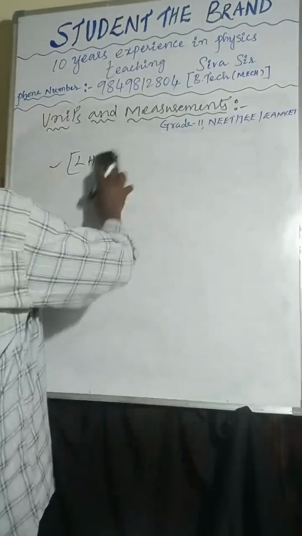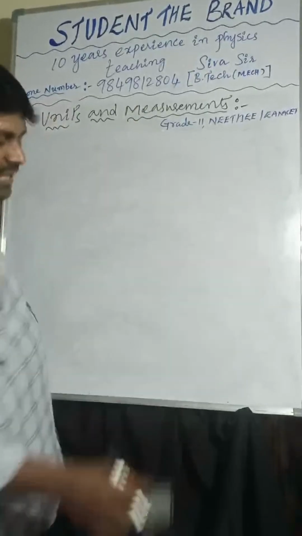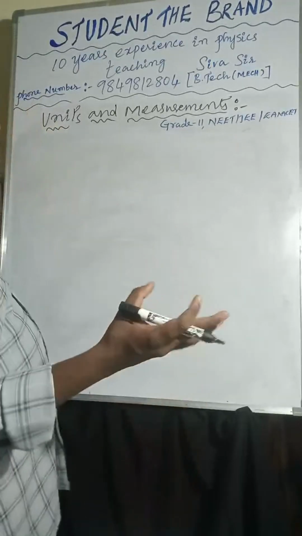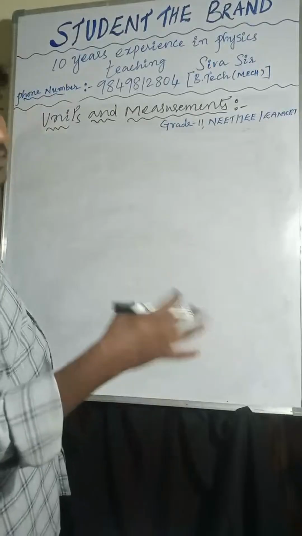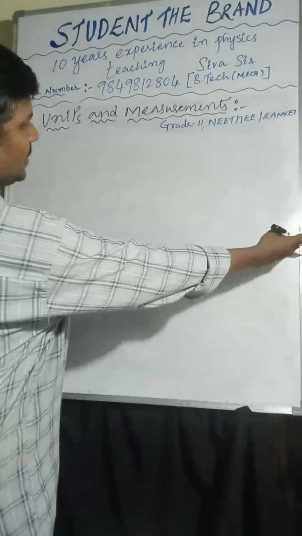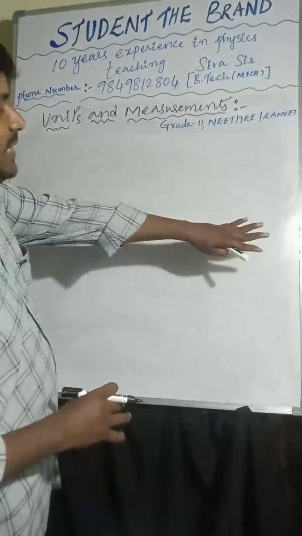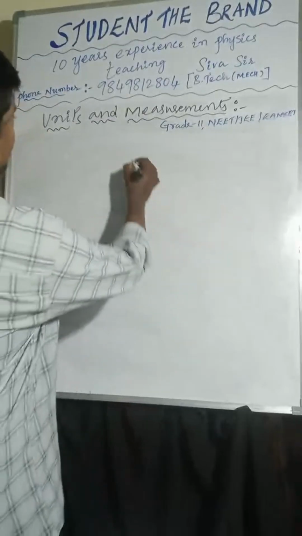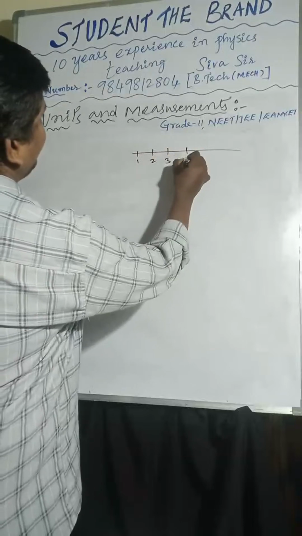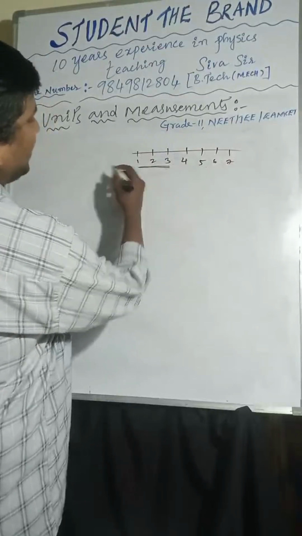So next one, we can go for significant figures. Significant figures is nothing but, in a measurement, the sure value, if you are taking 1 meter, 2 meters, or 1 centimeter or 2 centimeters. If you want to measure the length of this board, from here to here, we know up to 15 centimeters. So I'm taking here 1, 2, 3, 4, 5, 6, 7; until 3 we can measure accurately.